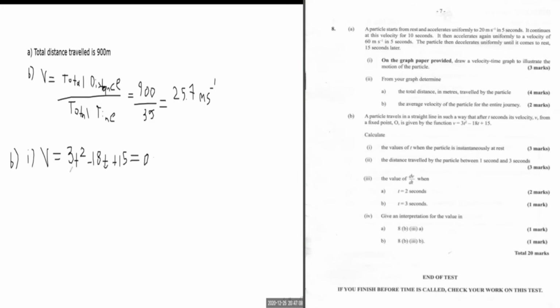Now solving this equal to 0, we can divide through by 3 to get t squared minus 6t plus 5 equals 0. Now we can factorize this.